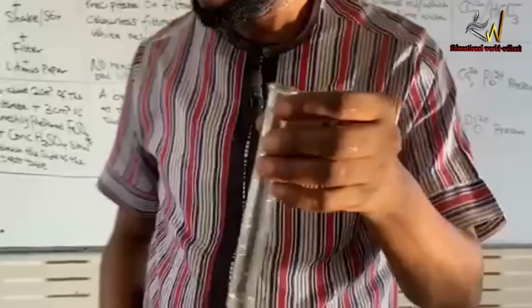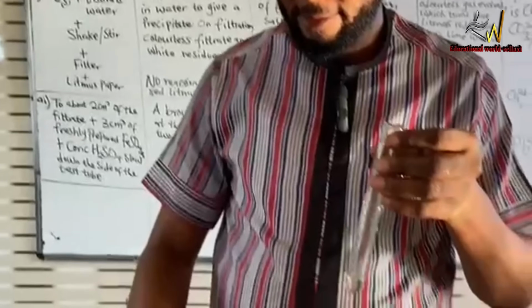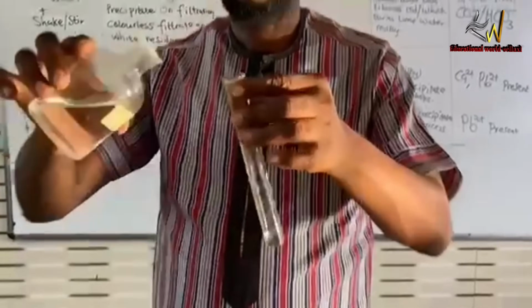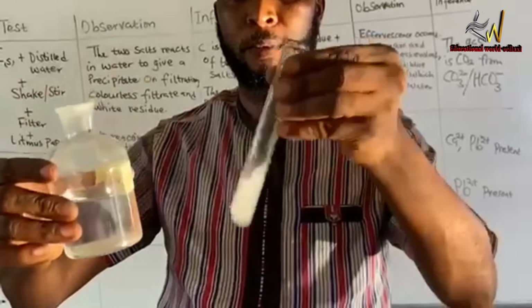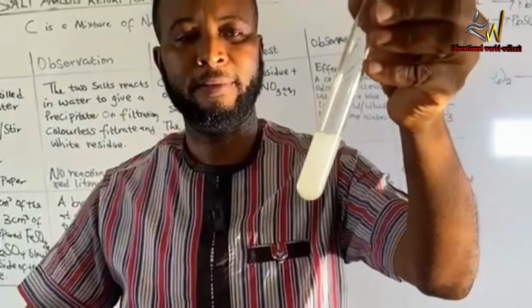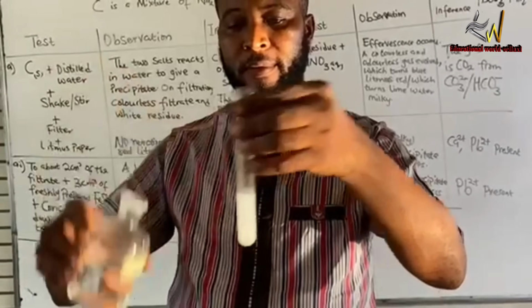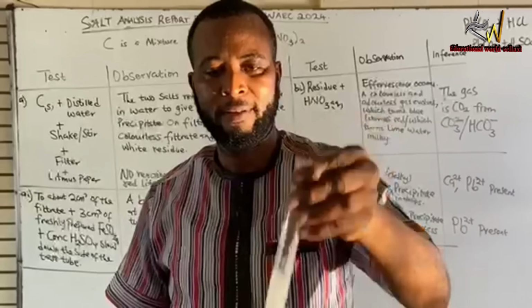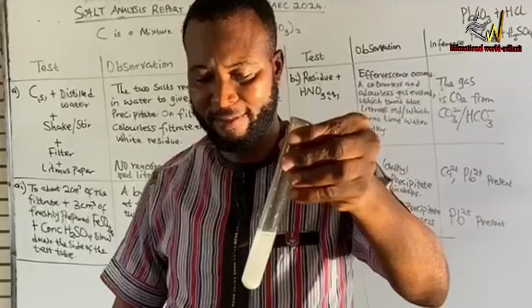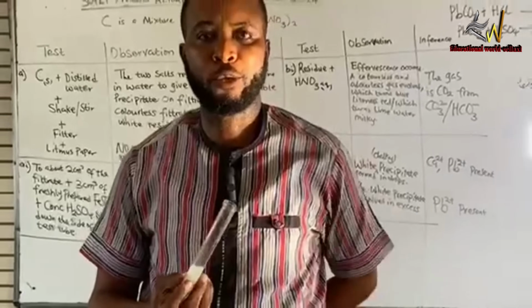Now this is my hydrochloric acid solution. Now let me add it. Wow. White precipitate. Can you see it? White precipitate. This is possible because of the formation of lead chloride.